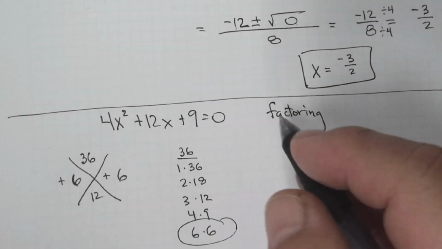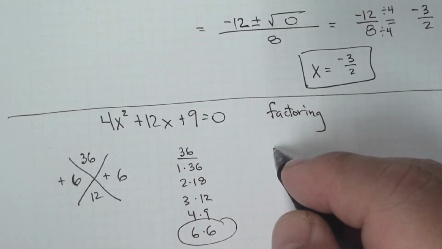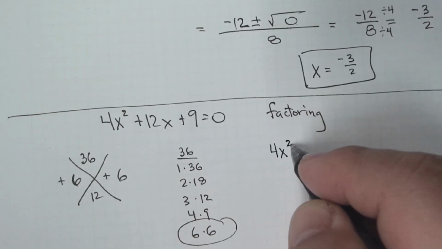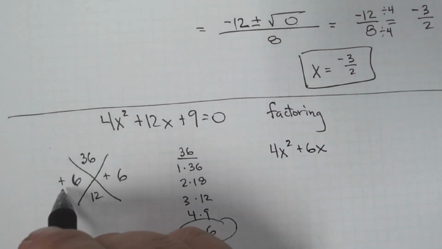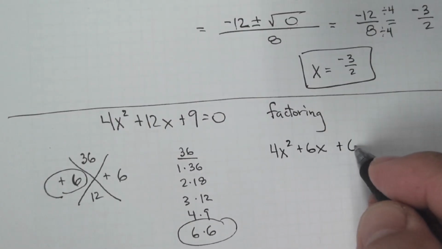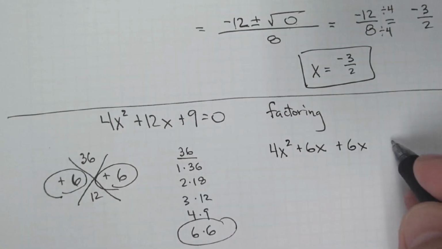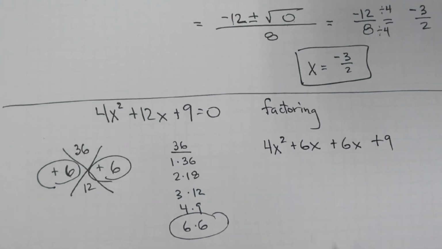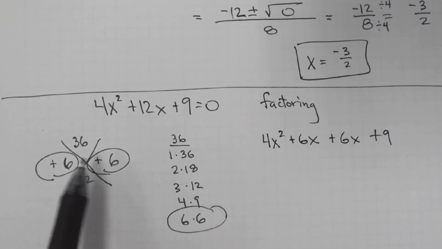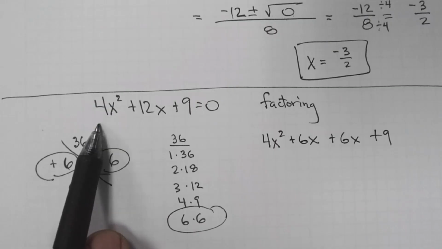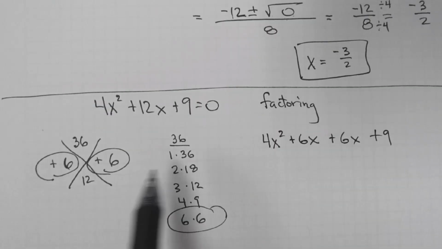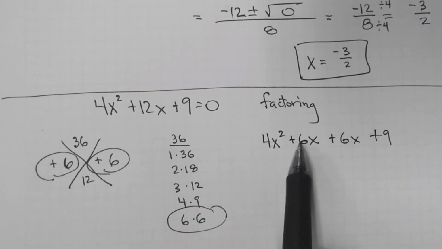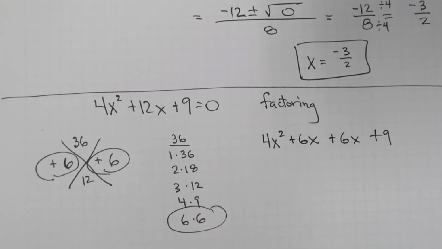So now I can go back here and say, oh, we have 4x squared plus 6x plus 6x plus 9. Remember, when we're factoring, and if there's a number in front, we're going to be grouping it. So I'm just splitting these up into this new problem.